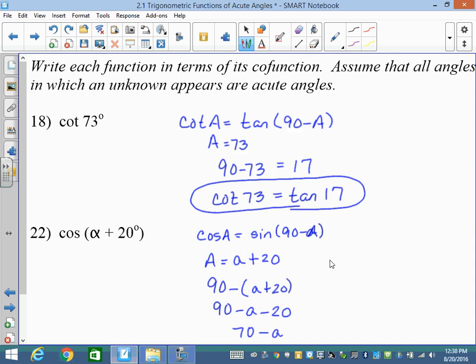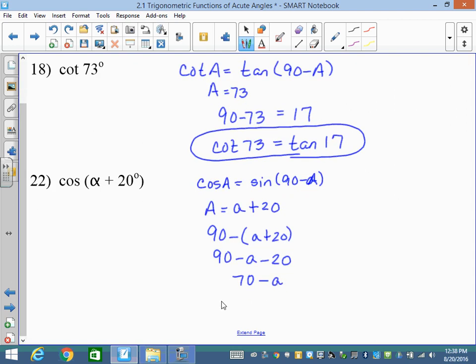So we can claim that cosine of alpha plus 20 is equal to sine of 70 minus alpha, because if I add these two together, we would get 90 degrees.